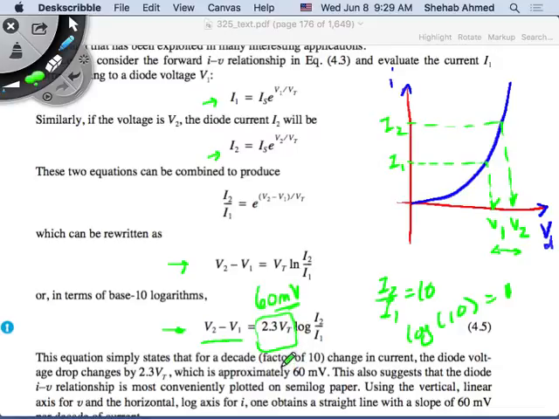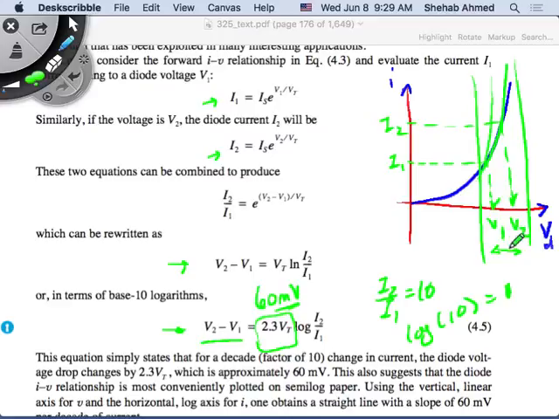I only have a 60 millivolt change in voltage, which tells me this characteristic is like this, and all of this is really within a very narrow band range, and that's why I can assume this 0.7 volts that we said before.